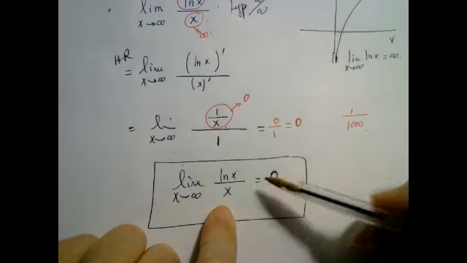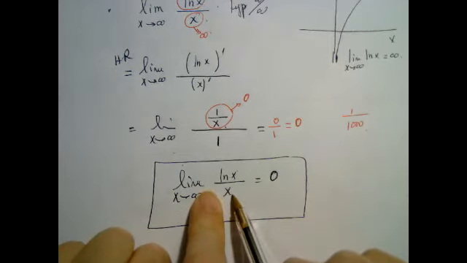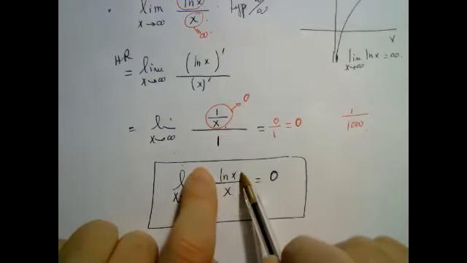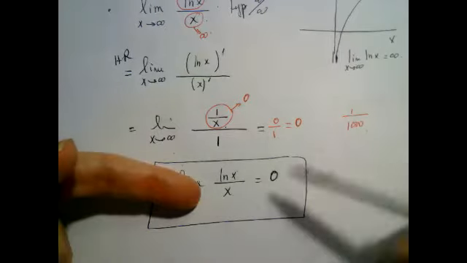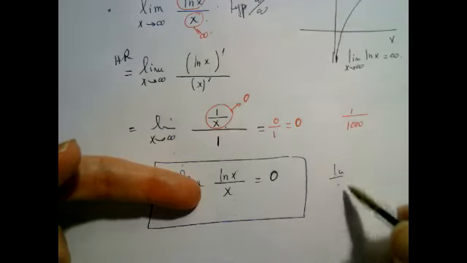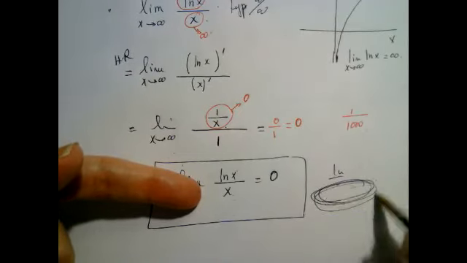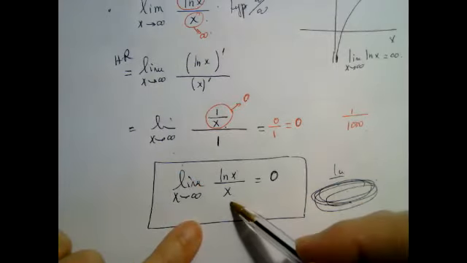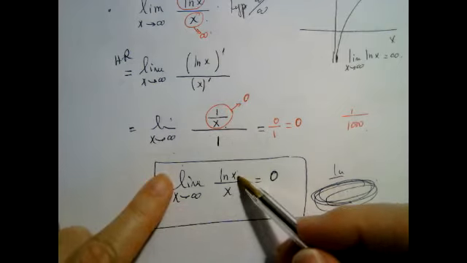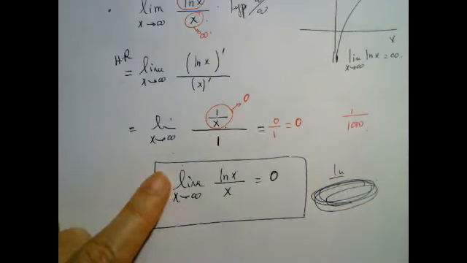If I plug in large values of x, which one is going to take larger values, ln or x? X. Absolutely x, much larger. Because both are large, large over large, the ratio is 0, it means the denominator has to be larger. That's how we can get a 0. So x goes to infinity much faster than ln and much slower than e to the x.